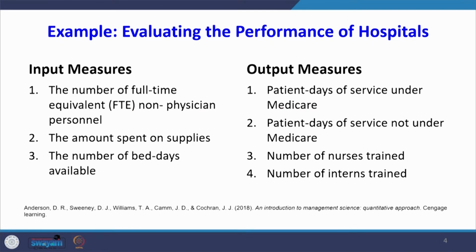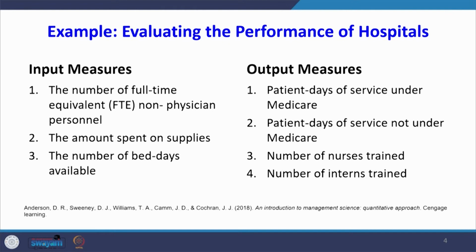Now, I have taken a sample problem. This example is taken from the book by Anderson et al. It is about evaluating the performance of hospitals. We are going to consider 4 hospitals, and out of these 4 hospitals, we are going to measure the relative efficiency: which hospital is efficient, which hospital is inefficient.